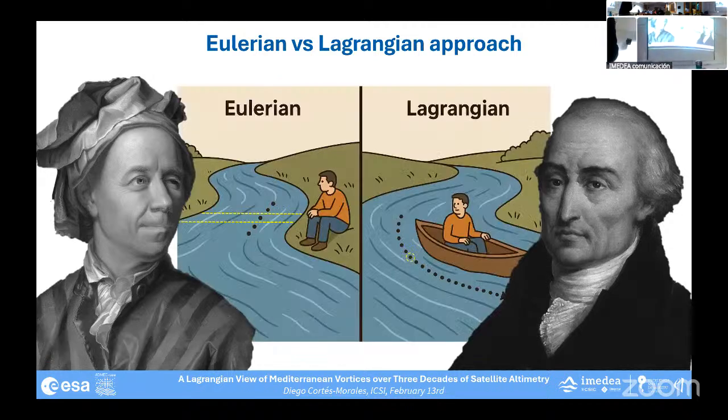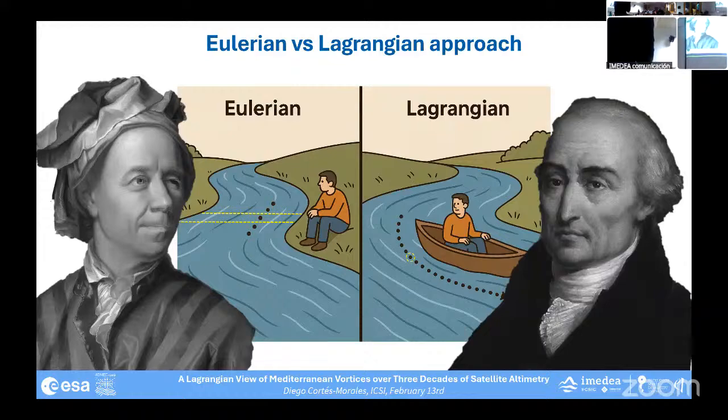So let's have an example. You can imagine a river, and we want to track the properties in the river, and you have two options. We can sit on the riverside and focus on one single point in the river and check how the properties are evolving. That would be the Eulerian perspective.